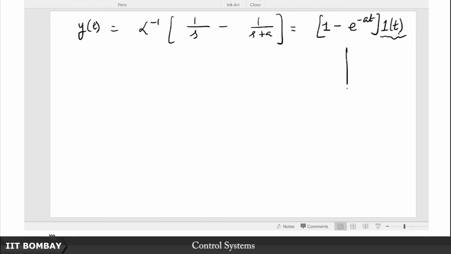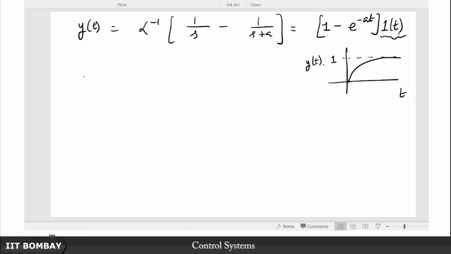So what does this look like if I sketch it here? You can notice that this is 1, then this is how your step response would look. So this is y(t). So what are my variables of interest here?